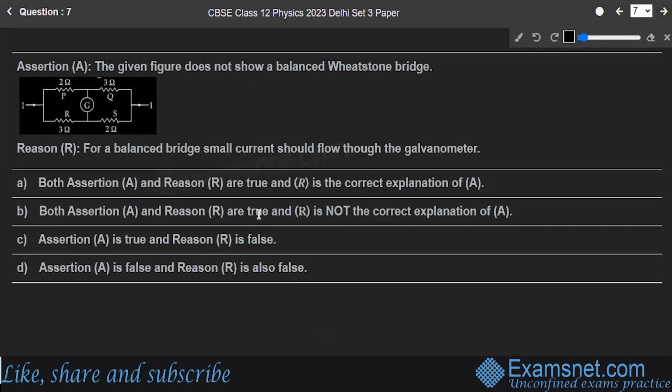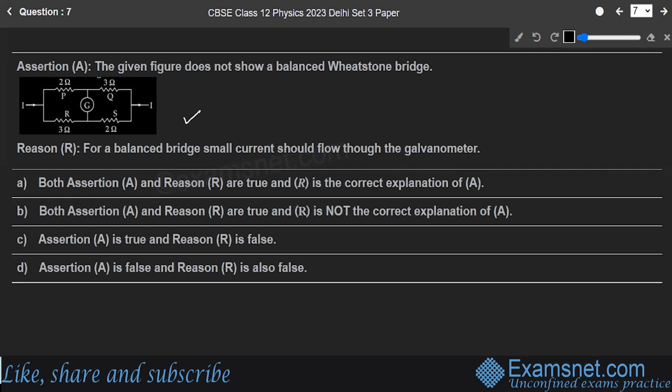Next is question number 7. Question number 7 says the given figure doesn't show a balanced Wheatstone bridge. This is the assertion. And the reason is, for a balanced bridge, small current should flow through the galvanometer. Looking at this, first of all, I have to check whether it is following the Wheatstone bridge or not. So let's go for that.